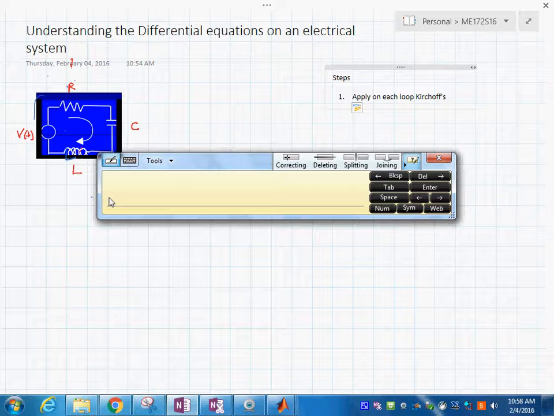So we'll apply the Kirchhoff's laws, and that's going to be for each loop.